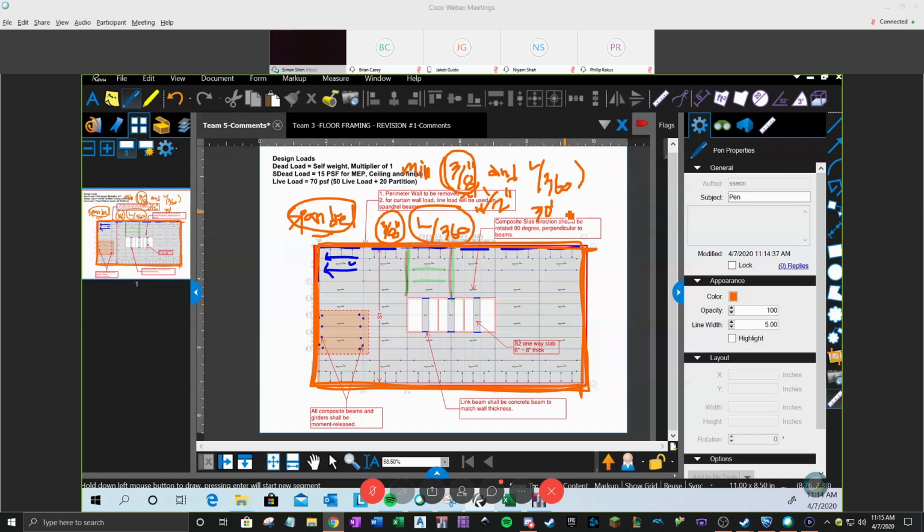3/8 is not just an absolute number. I just said it could be 3/8 versus a half inch. It also depends on the curtain wall weight, the curtain wall system, and the stack joints between the glazing. So there are a couple of considerations we should understand and coordinate with the architect.